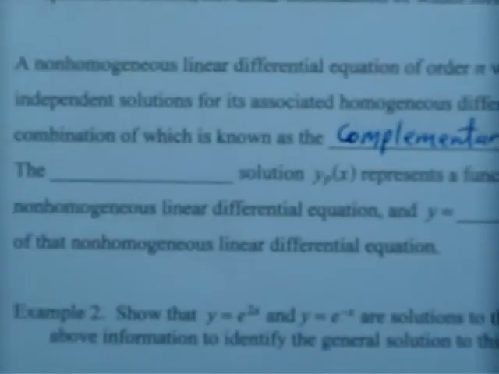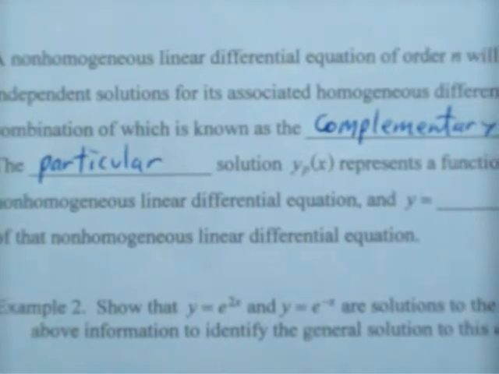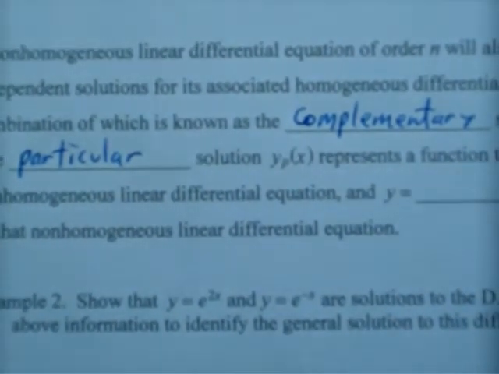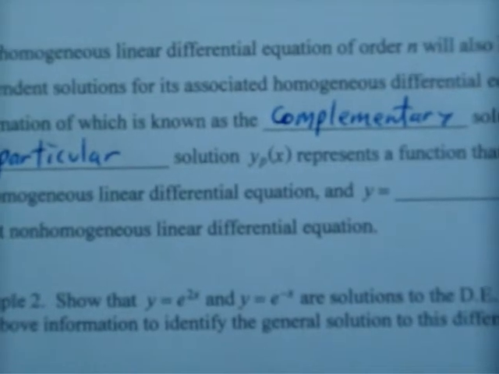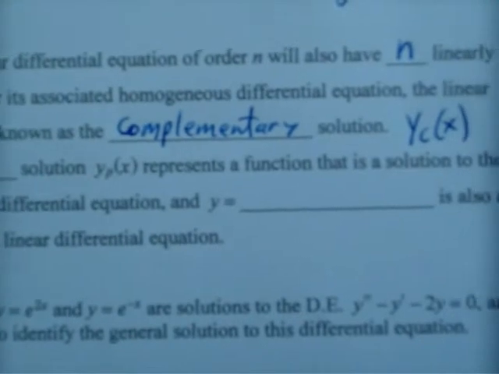That's the complementary solution. And then the blank solution, y sub p of x, this is the particular solution to your non-homogeneous differential equation. So like it says, it represents a function that is a solution to the given non-homogeneous linear differential equation, and y equals blank is also a solution of that non-homogeneous linear differential equation.